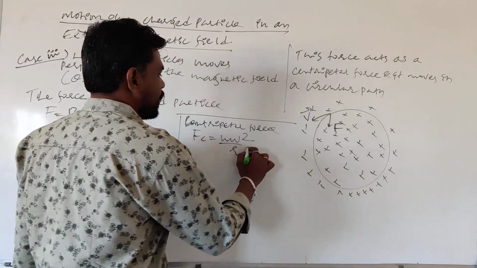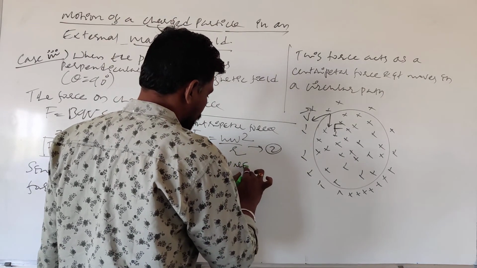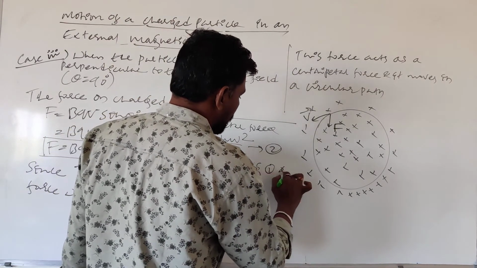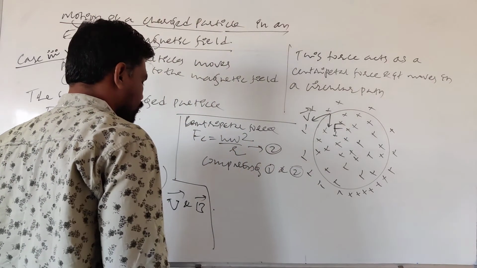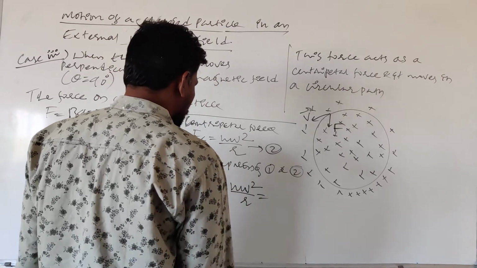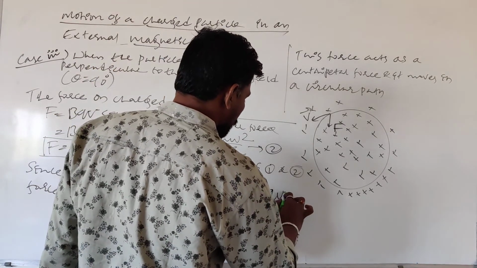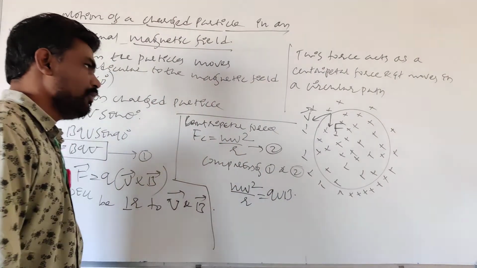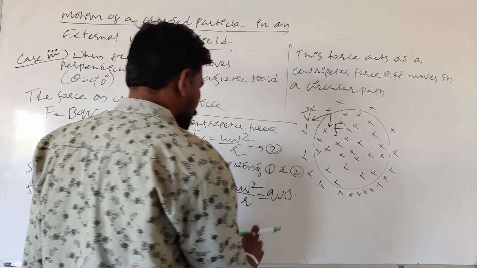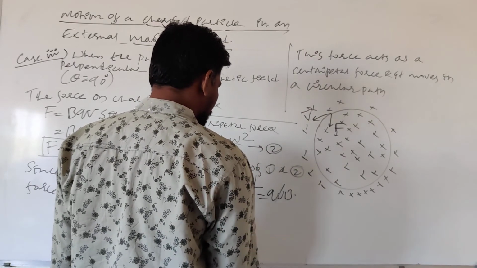So then I am going to call it equation number 2. Comparing 1 and 2, mv square divided by r is equal to QVB. So this V got cancelled.